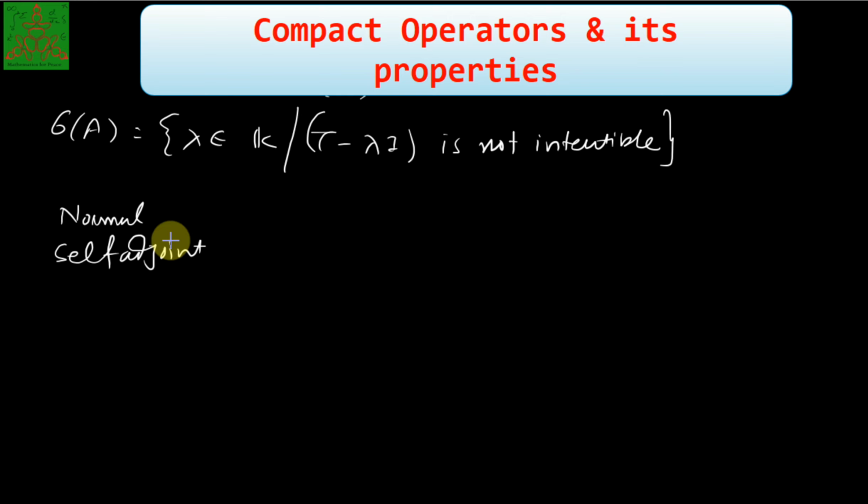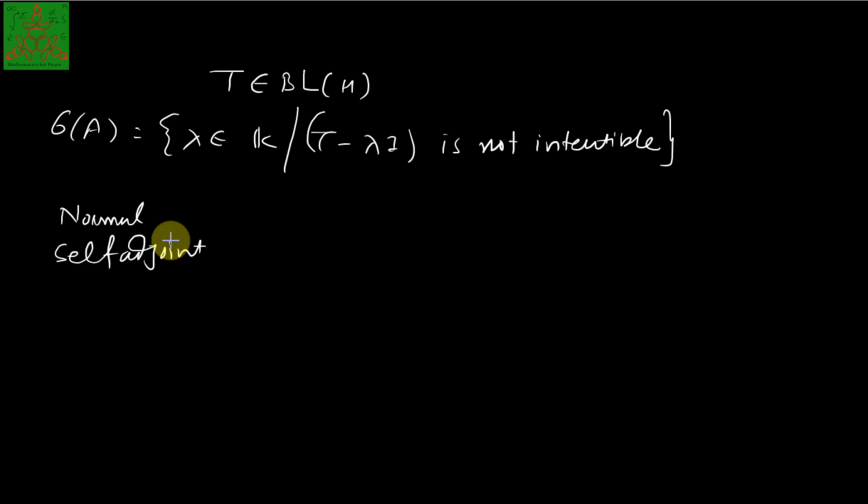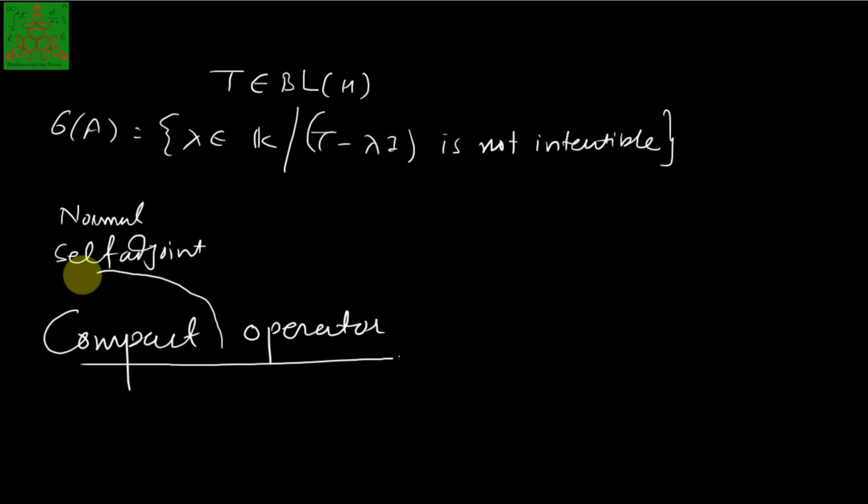Now in this lecture we are going to discuss another class of operator, which is known as a compact operator. You have already heard this name compact in your topology course, in which we defined a compact set if every open cover has a finite subcover.